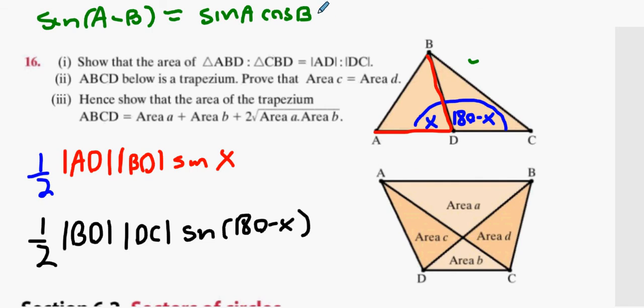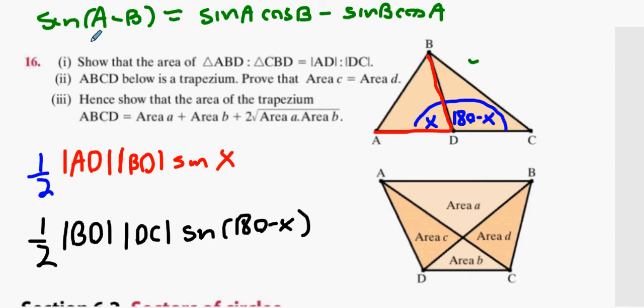I believe it's this, but you should always check it up. Is that it? Yeah, just the other way around as well. We're good? Alright, what do we replace A with?